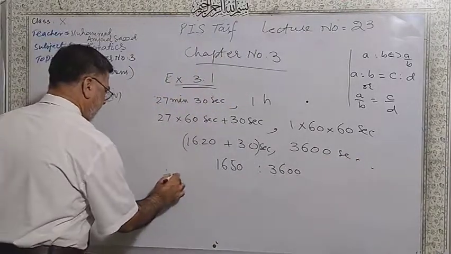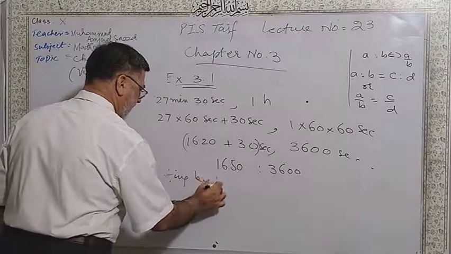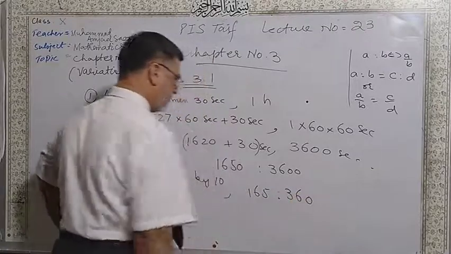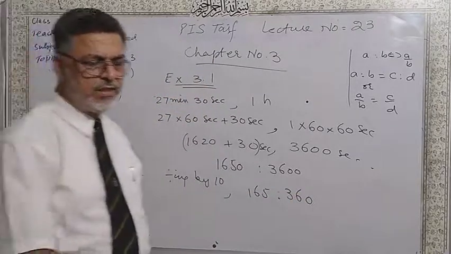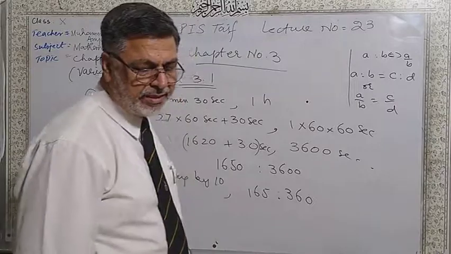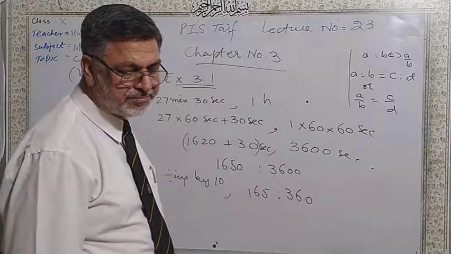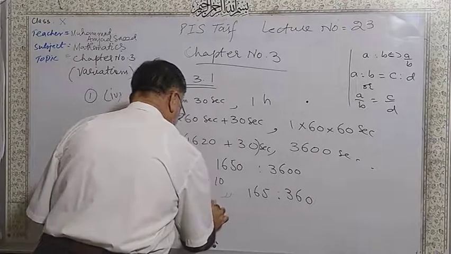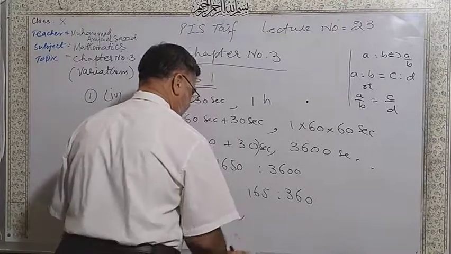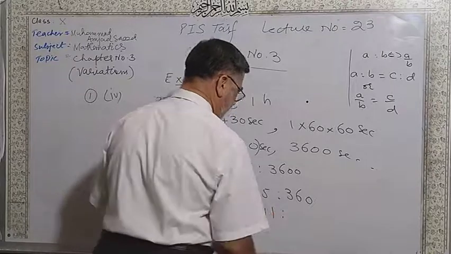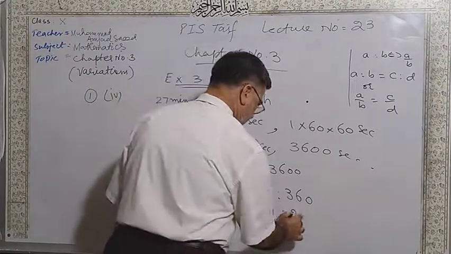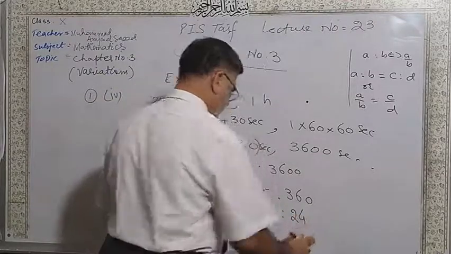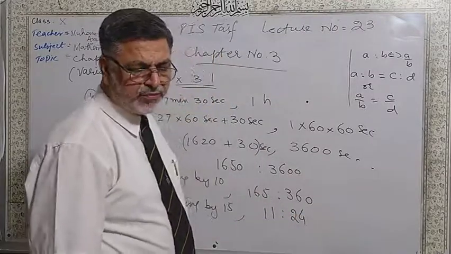Now dividing by 10, 165 ratio 360. After that, dividing by 15, this is 11 and 24.